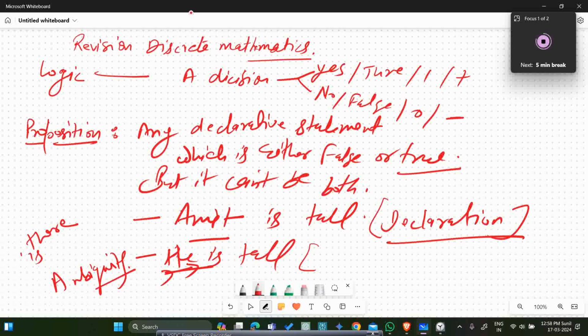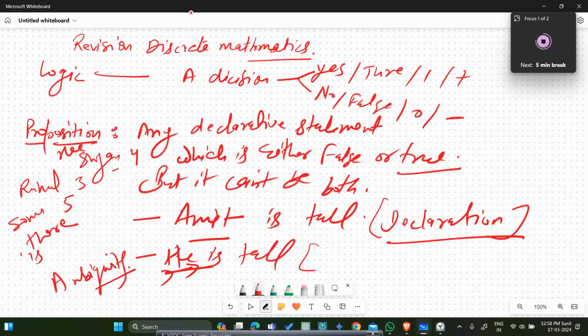All right. So what we are saying is, let's say there are three people: Rahul, Sonu, and Syam. Syam is 4 foot, Rahul is 3 foot, Sonu is 5 foot. So I am saying Syam as he.